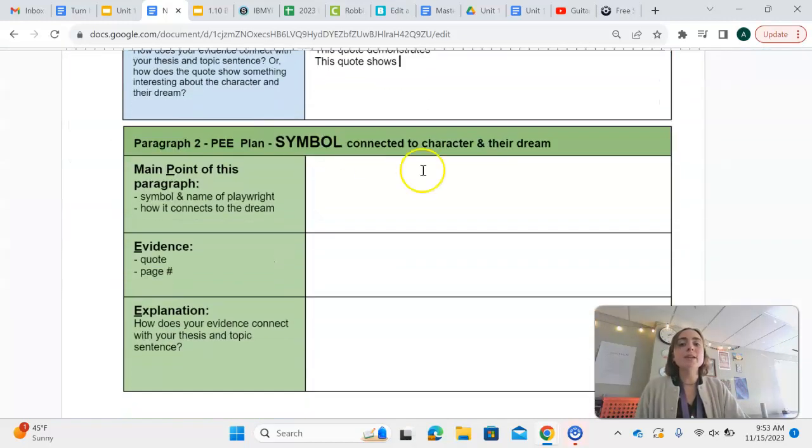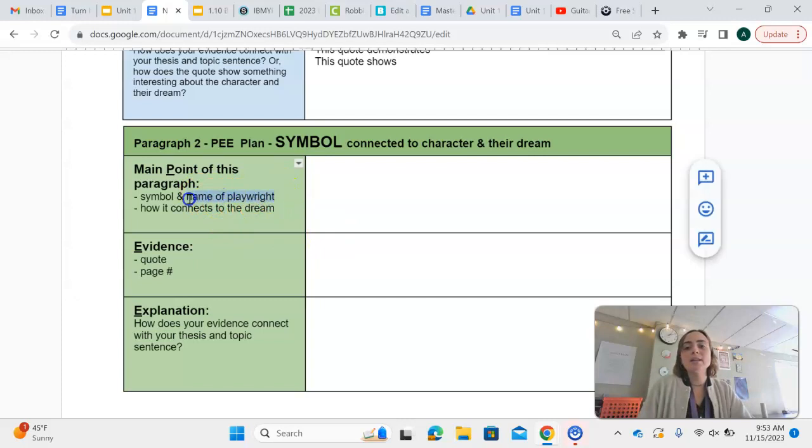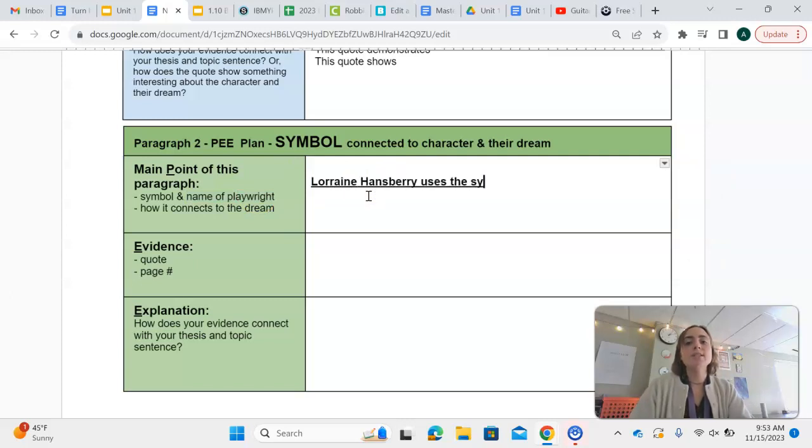You're going to do the same thing for paragraph number 2, but paragraph 2 is about the symbol connected to the character and their dream. So again, you're going to make a main point by saying, when it says name of playwright, that is the name of the person that wrote this play. So we would say Lorraine Hansberry uses the symbol of what?